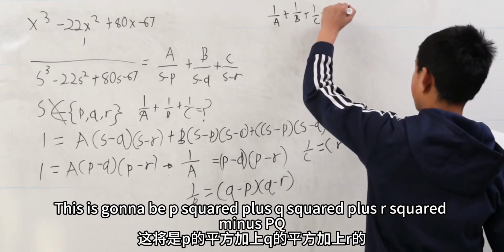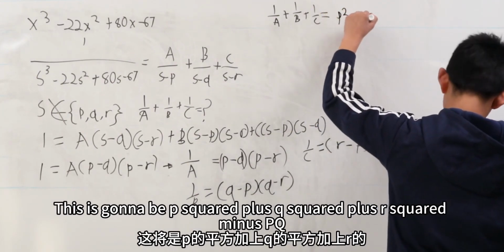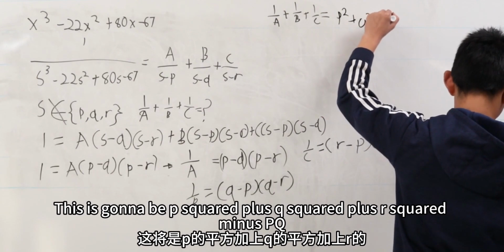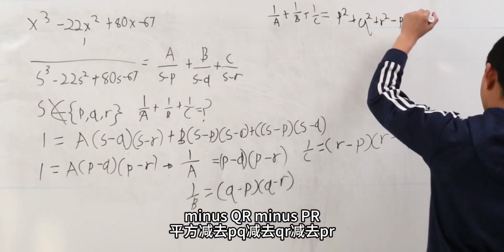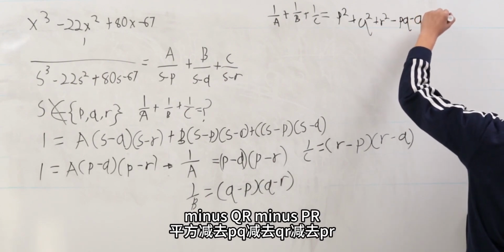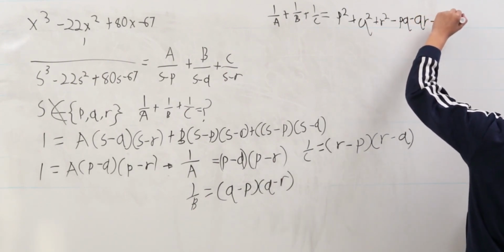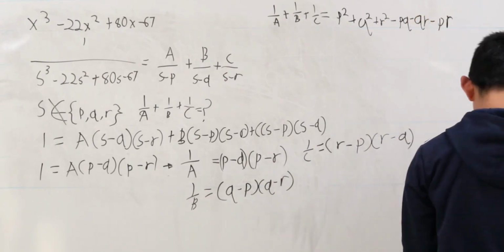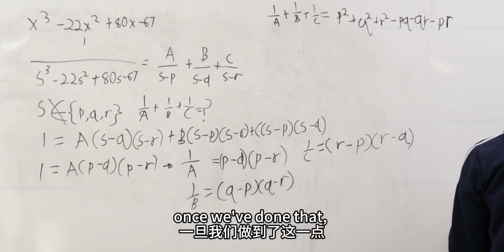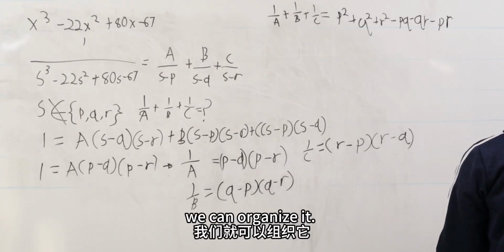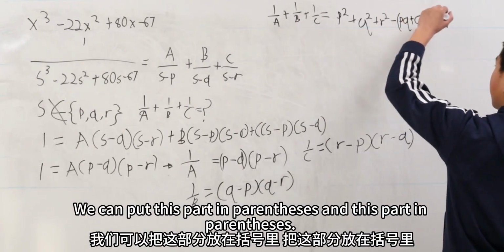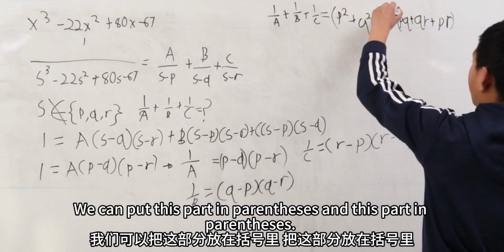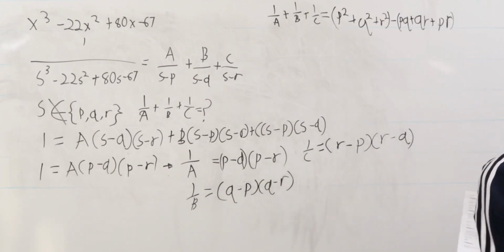This is going to be p squared plus q squared plus r squared minus pq minus qr minus pr. Once we've done that, we can organize it by putting this part in parentheses and this part in parentheses.